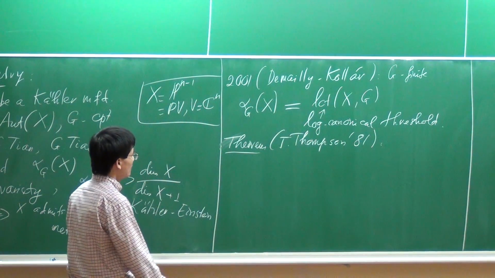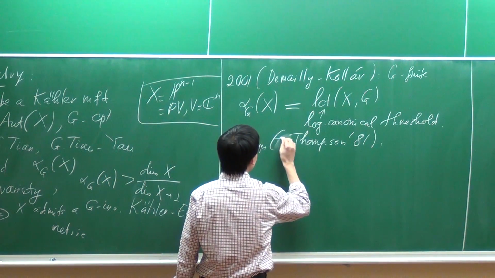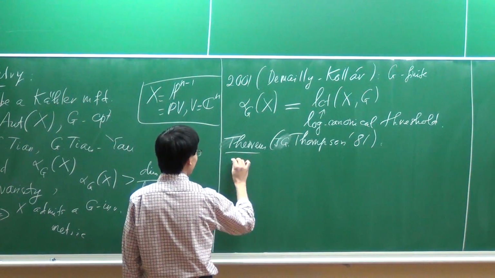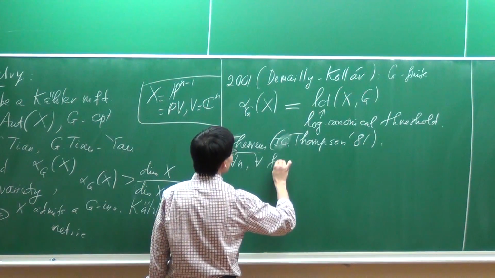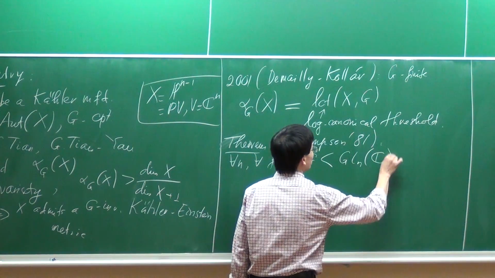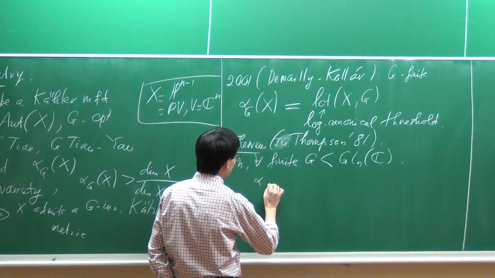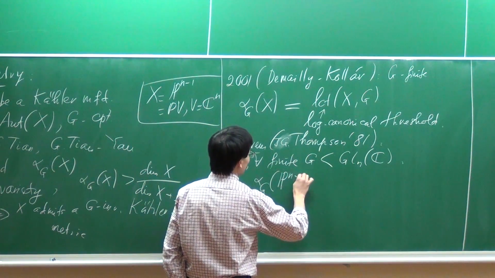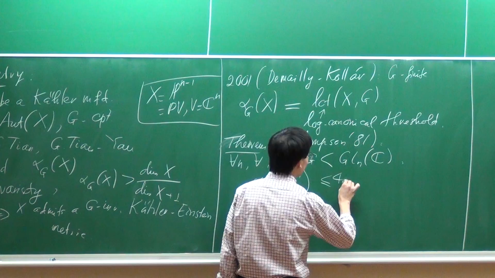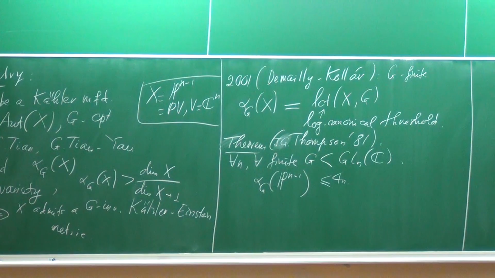So he proved that for finite subgroups G of GL_n(C), the alpha invariant of G acting on P^(n-1) is bounded by 4 times n. Of course, the question is how could John work on something that wasn't defined?